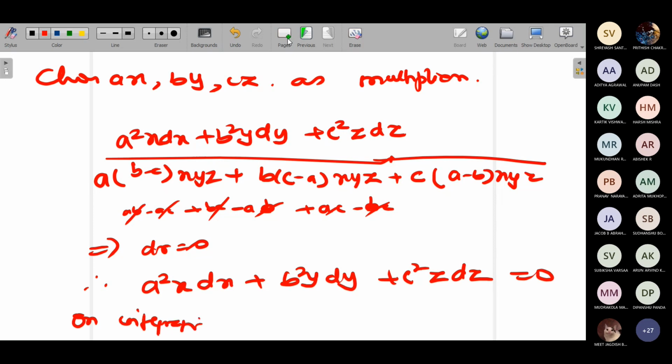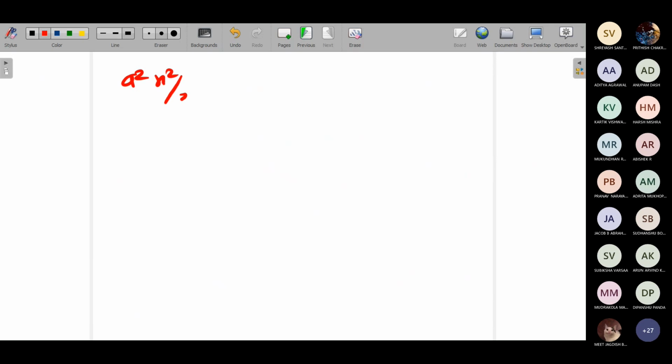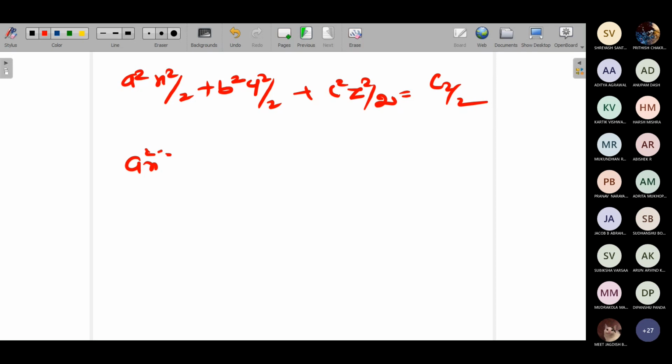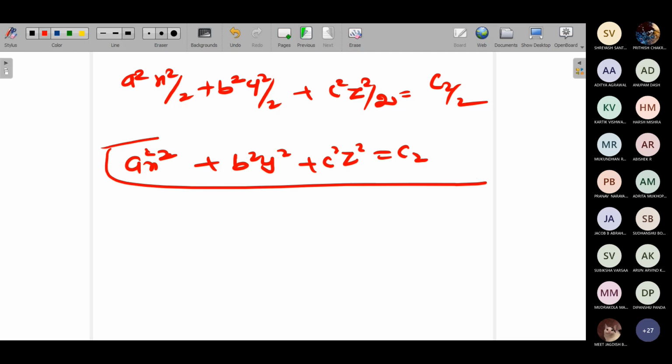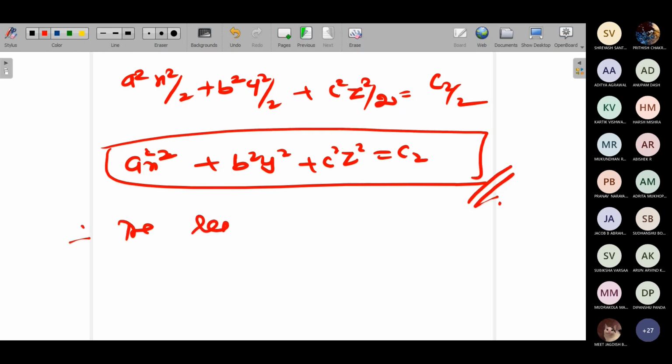you will get a square x square by 2 plus b square y square by 2 plus c square z square by 2 is equal to some c2 by 2. So this implies a square x square plus b square y square plus c square z square is equal to c2. Therefore, the required solution is phi of c1 comma c2.